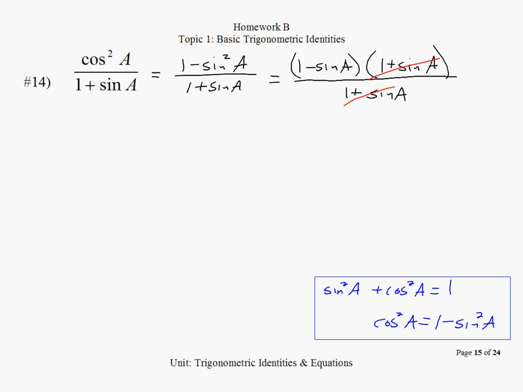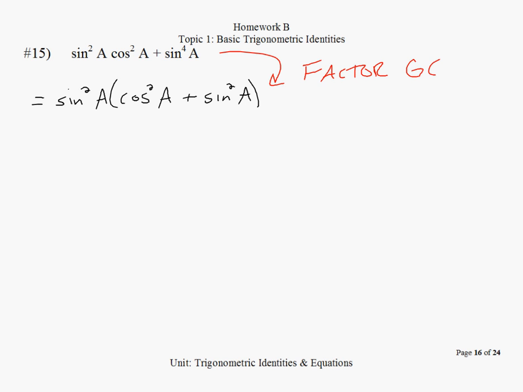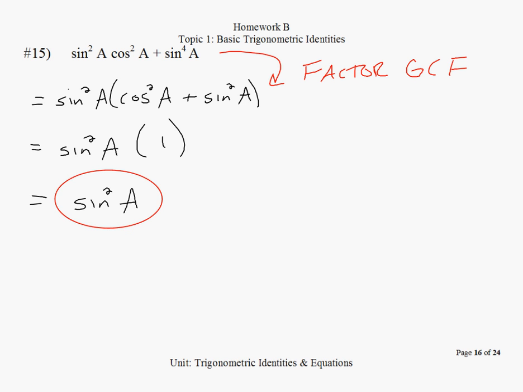You can cancel 1 plus sine of A on the top and the bottom, leaving you with 1 minus sine of A. Number 15, if you factor out the GCF, sine squared, what you have left in parentheses is just 1. Sine squared times 1 is sine squared.